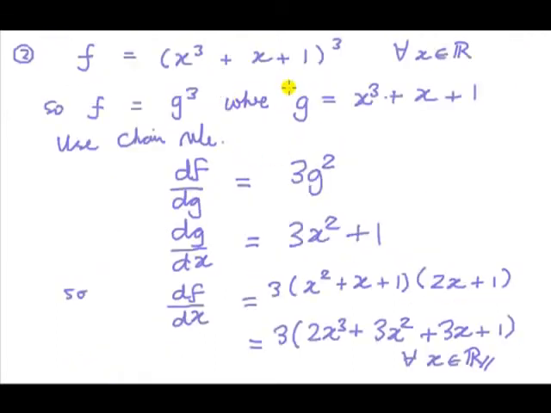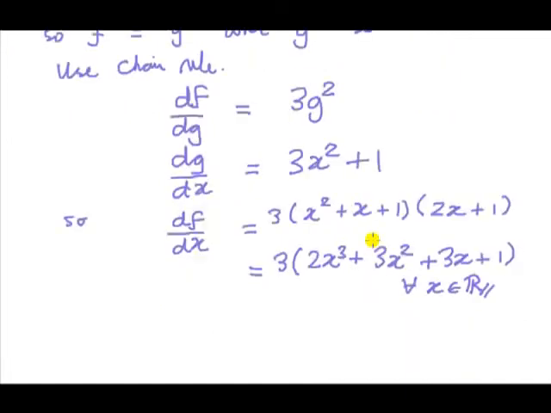Alright, so using the chain rule for this second example, (x cubed plus x plus 1) all cubed, and this function exists for all x on the real line. So here we have f is equal to g cubed, where g is that bit in here. Using the chain rule, df by dg, you can see from here is 3g squared. dg by dx, we take this one and we use standard rules of differentiation, and then we put it into the formula.